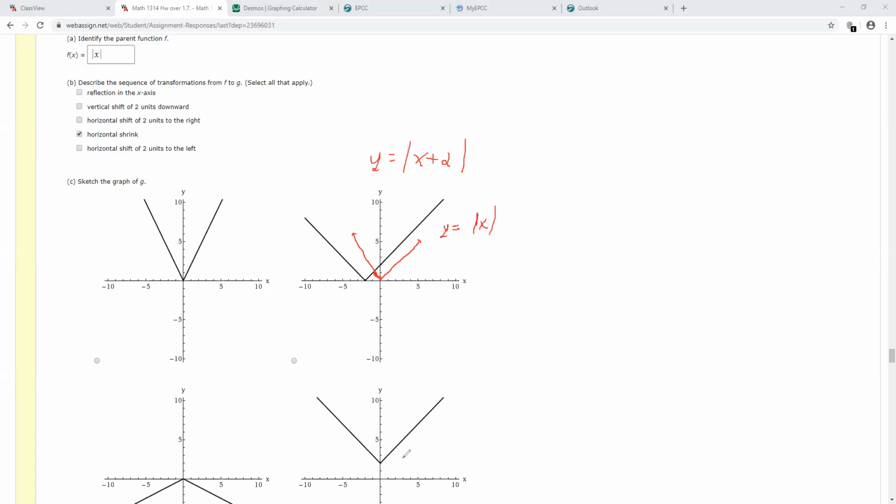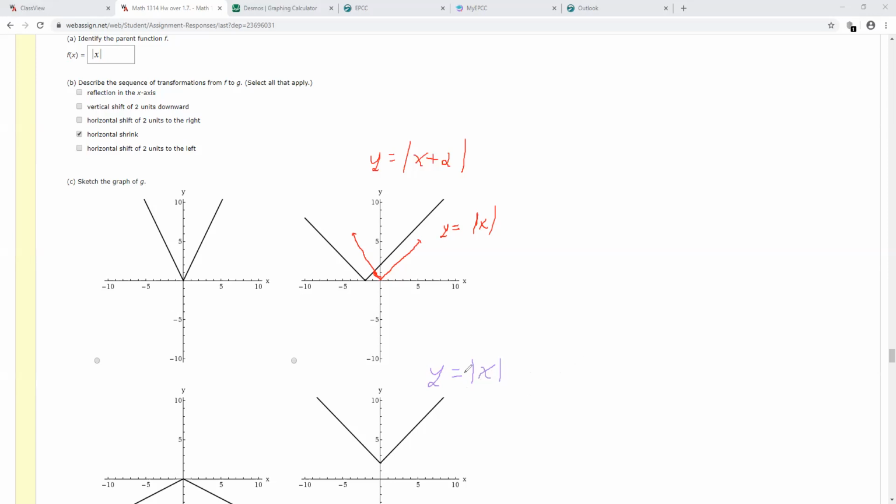It's not a dilation effect. It's not a reflection. It's a translation, but not to the left like this one was. Vertically. And if we were asked to write this equation, I'm kind of using this problem to teach a lot of stuff here. If it's vertical, you do not put the mathematical operation inside the function next to the x, but outside of the function.